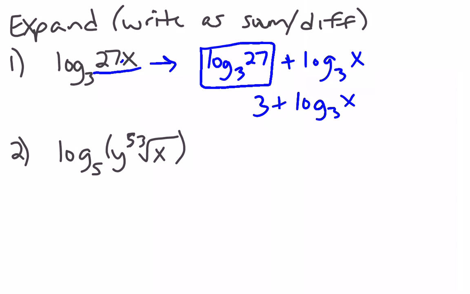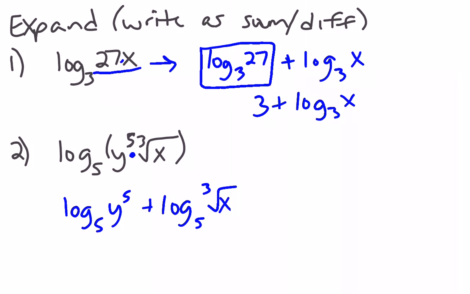We start getting more complicated in number 2. The first thing I notice is that I have multiplication again between my y and my x. So I'm going to start with that and do log base 5 of y to the 5th plus log base 5 of the cube root of x. Now what I see is that both of my variables have exponents. So what I'm going to do is bring those exponents out.